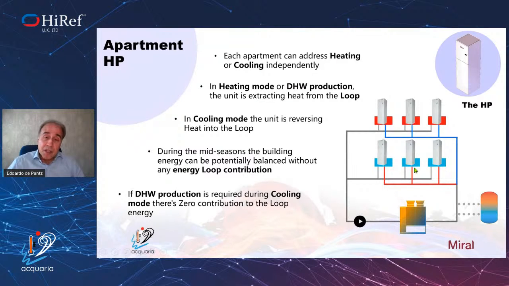The second situation is, again during the summer, if one unit in a single apartment is working in cooling and at the same time is requesting domestic hot water production from that unit, that unit is working with a zero contribution to the loop in that very moment, because while producing cooling you can have domestic hot water as free energy. We are going to see later how this works with a calculation example.